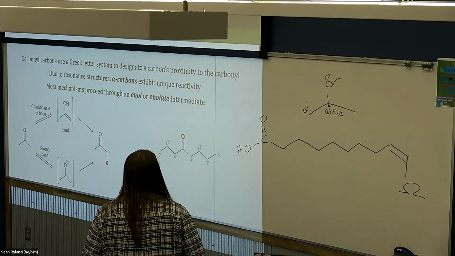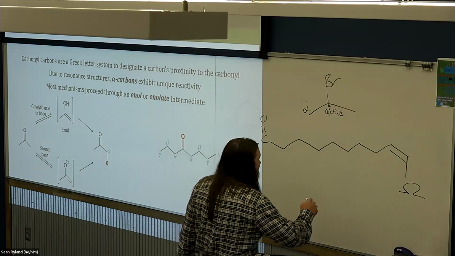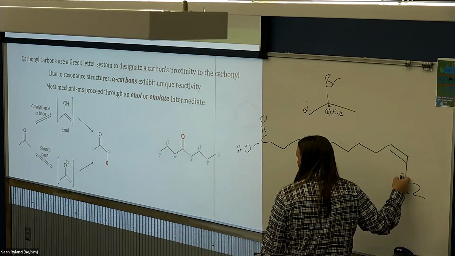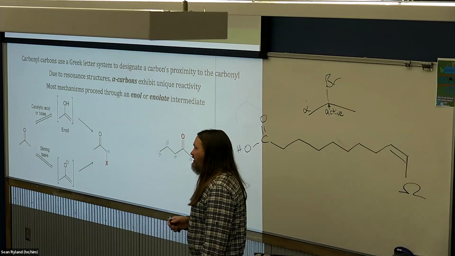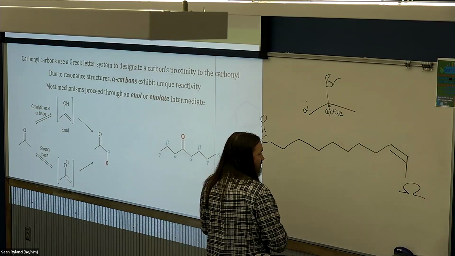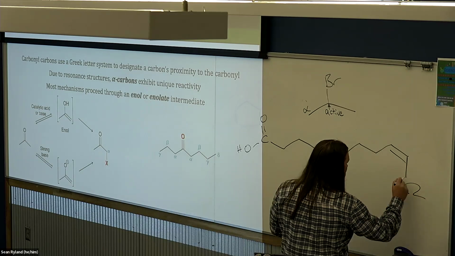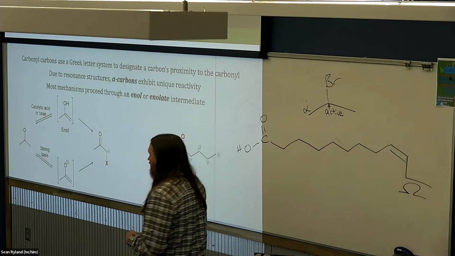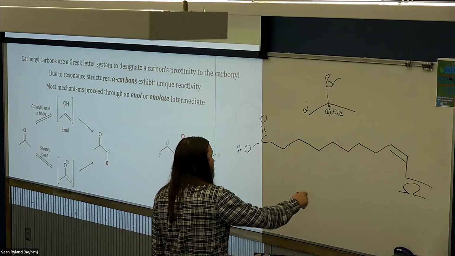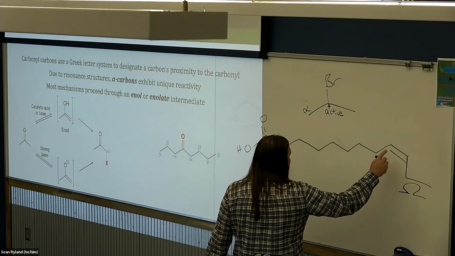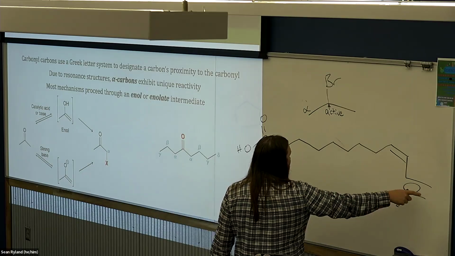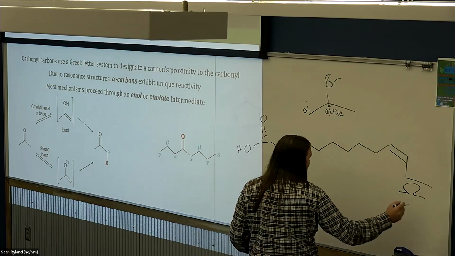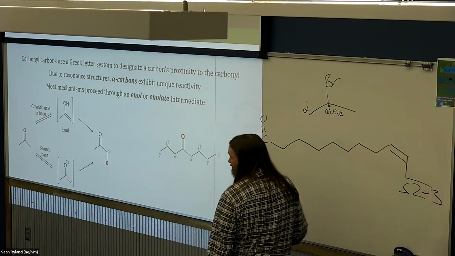So an omega is the end of a carbon chain. And so if you hear about, actually I put this in the wrong spot. So if we have a fatty acid that is structured like this, that has a pi bond, 3 carbons from the end, we call that an omega-3.